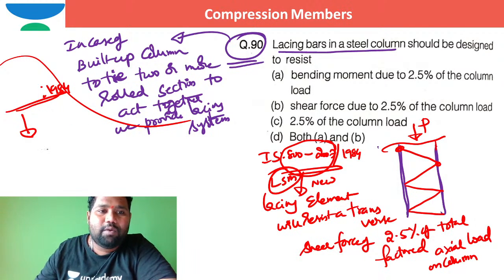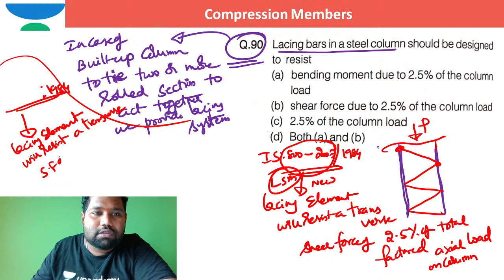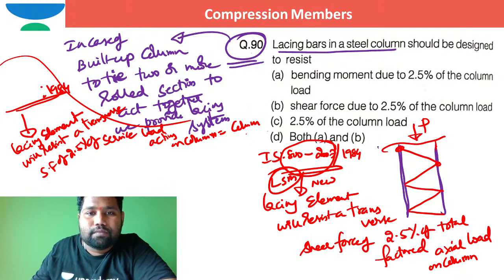So the lacing elements will be designed to resist a transverse shear force of 2.5 percent of the service load acting on the column, or indirectly the column load, and the nature of the force is shear force.